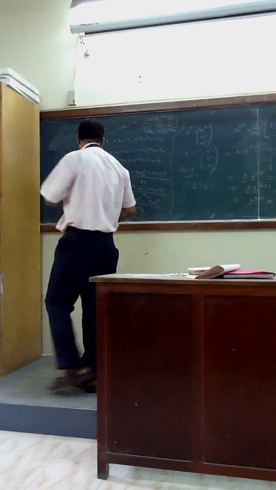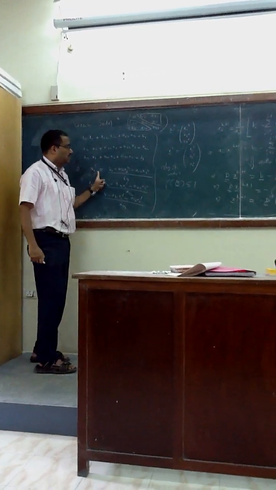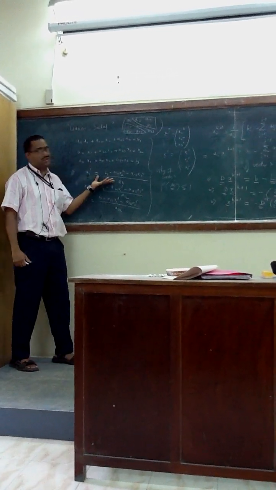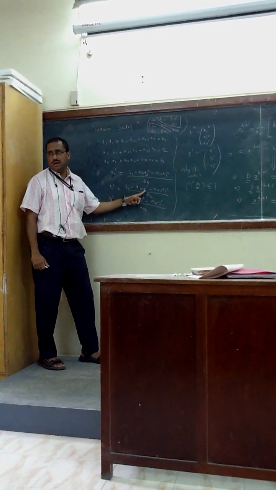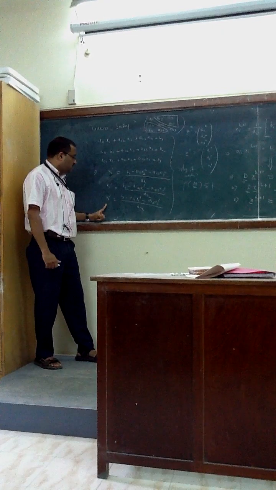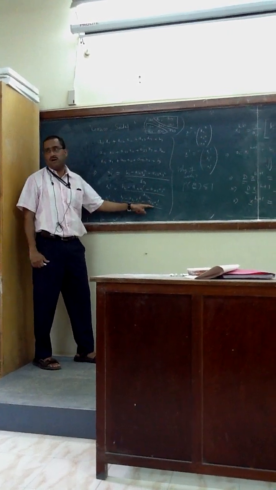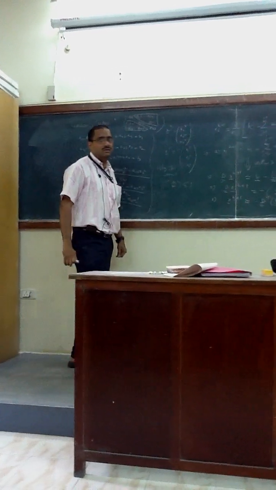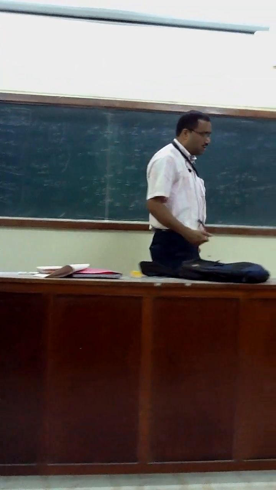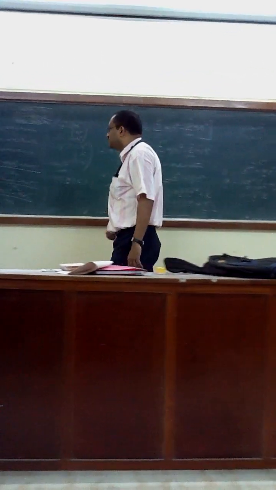That means whatever you are finding out here, at this point nothing was known. You found x11, you put it here. x30 is not known. And at this point you can see x11, x31 are all known. So you are actually going slightly one step ahead. Whatever you are evaluating, you are actually using immediately.